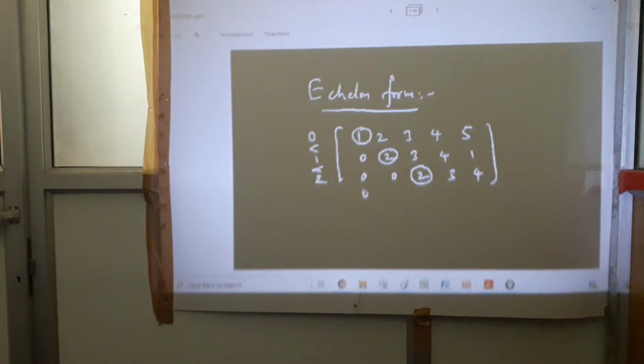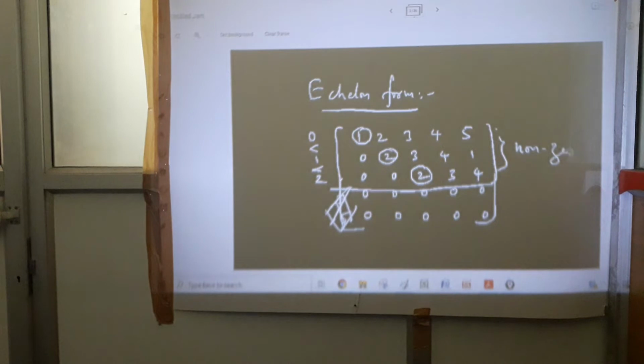And if at all zero rows are there, those zero rows should come at the end. For example, I have like this. Now there are 5 zeros here and 5 zeros here, but they will not be taken into consideration. We will take the number of zeros before the first non-zero element in the non-zero rows. So this matrix now, it's a bigger matrix. This will have 3 rows which are non-zero rows, and these 2 are zero rows.